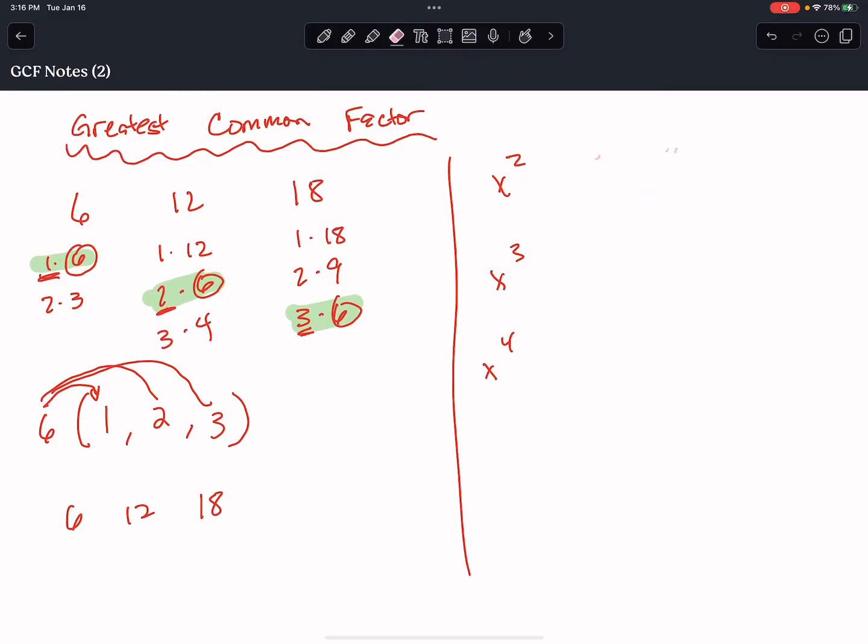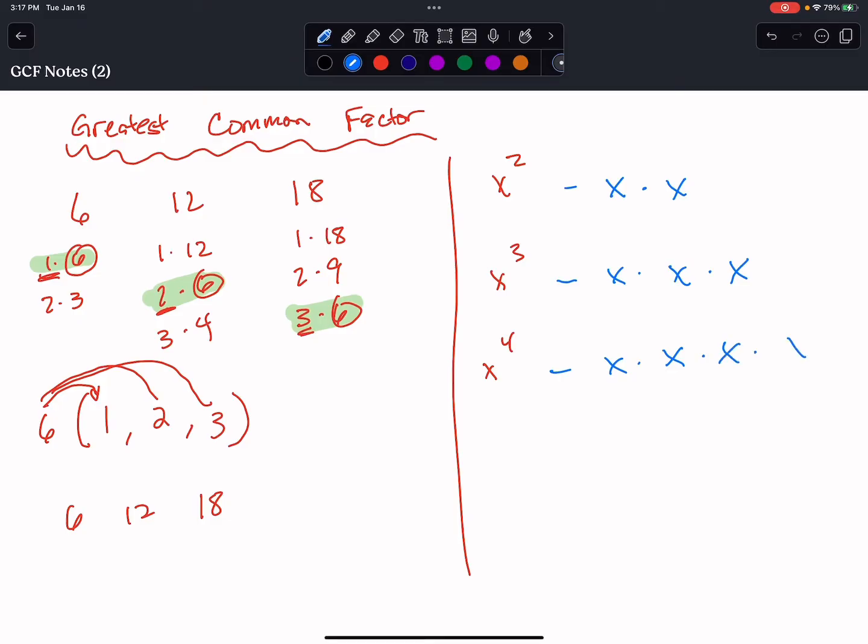X squared means, y'all remember this, x times x. X cubed means x times x times x. And x to the 4th means x times x times x times x.